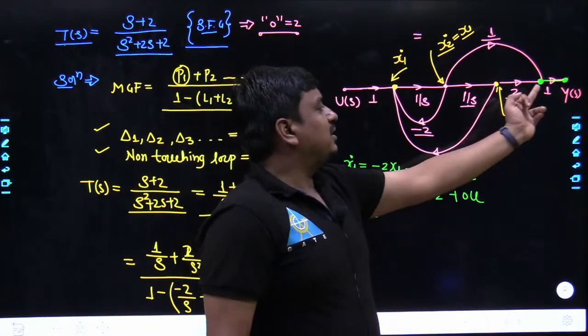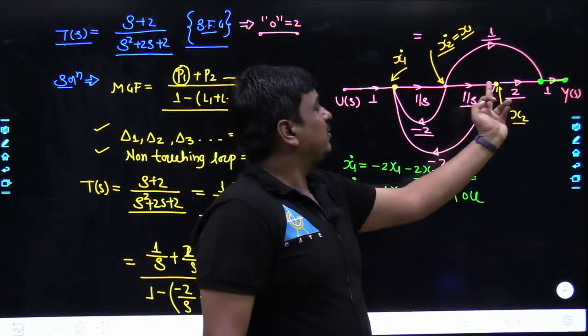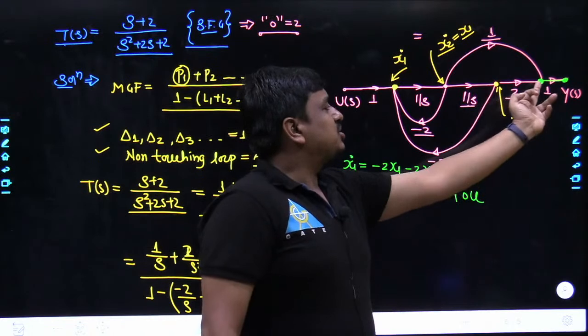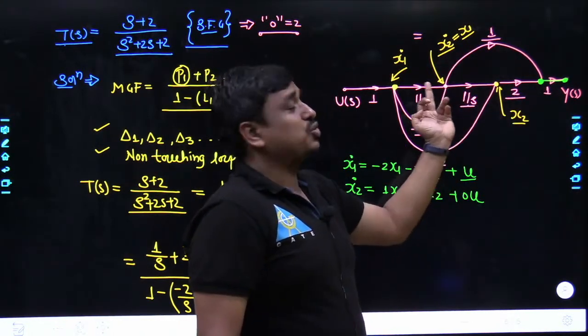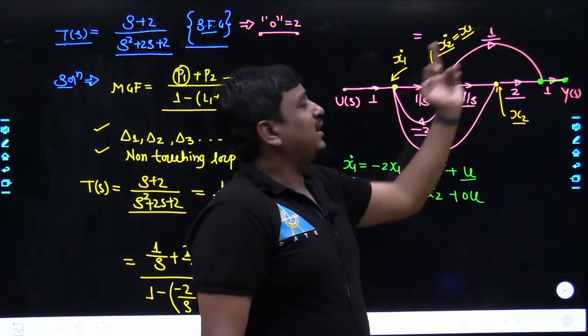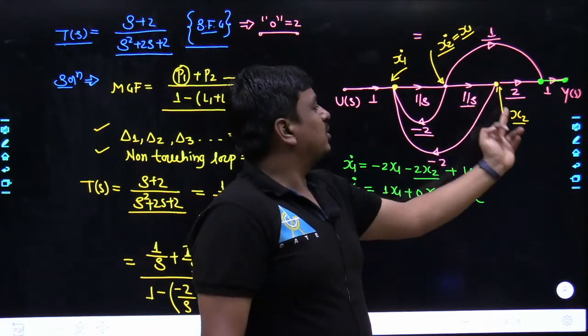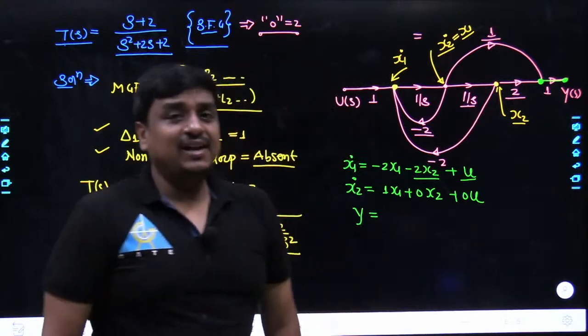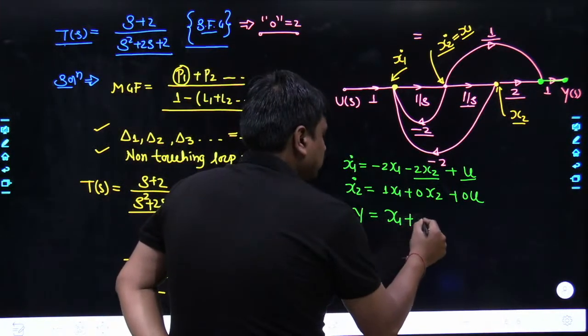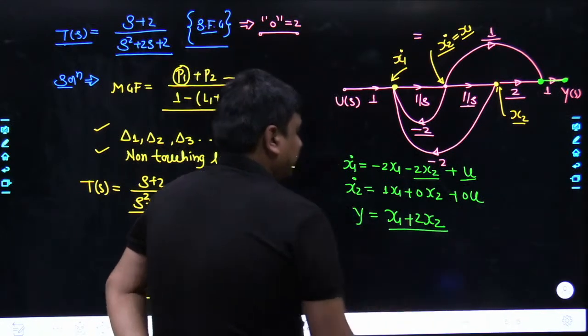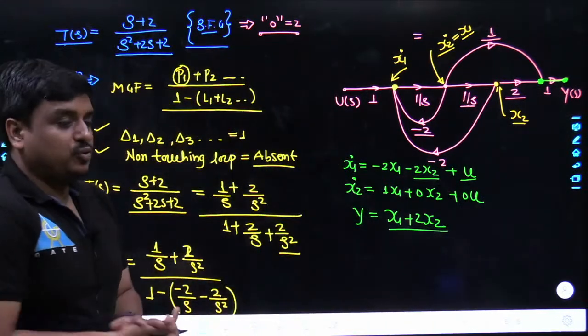And you can see very well the incomer to this node is coming from two different branches, the first branch and the second branch. The first branch is the branch of x1, and the x1 is getting gain of 1, and similarly the second branch is nothing but the x2, which holds the gain of 2. So here it becomes x1 plus 2 times x2.